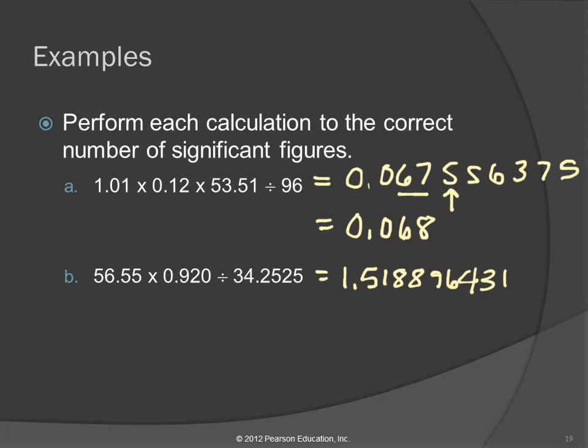Did I do it right? Okay. How many sig figs should I leave in that answer? 3. This one's got 4, that one's got 3, and that one's got a lot more than that. So 3. I'm going to keep these guys. We're getting rid of this one.